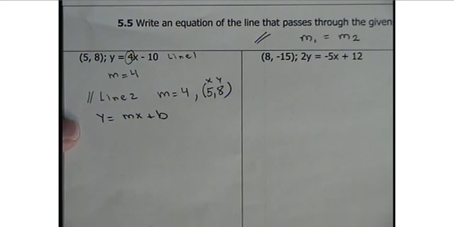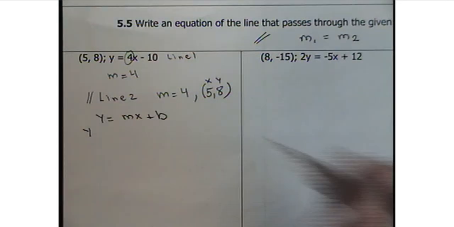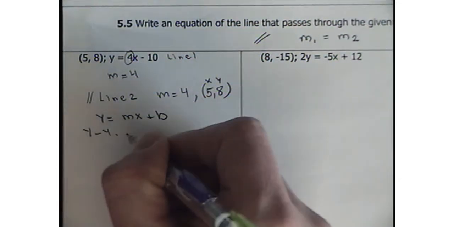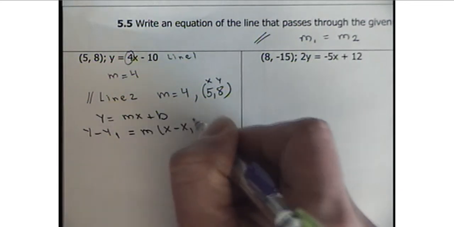By using y equals mx plus b, you can apply it to get b and then rewrite the equation. Or, in other words, we have discussed point slope form: y minus y1 is equal to m times x minus x1.